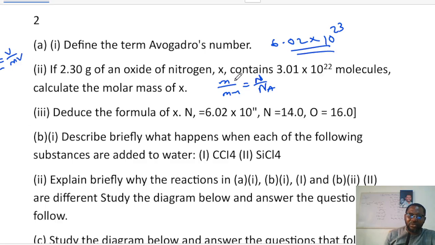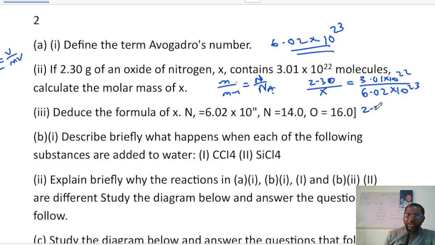So the mass here is 2.30. The molar mass is what we are looking for, so we'll say 2.30 over X is equal to 3.01 times 10 raised to the power 22 divided by Avogadro's constant, 6.02 times 10 raised to the power 23.